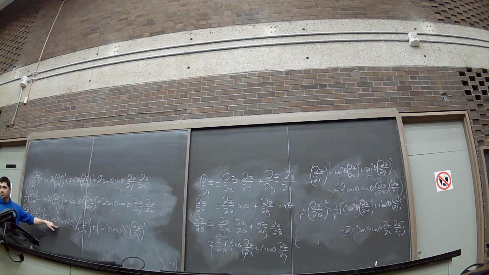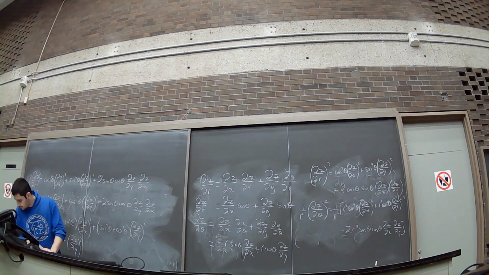Cos squared plus sine squared is equal to 1. Okay? Are we good?